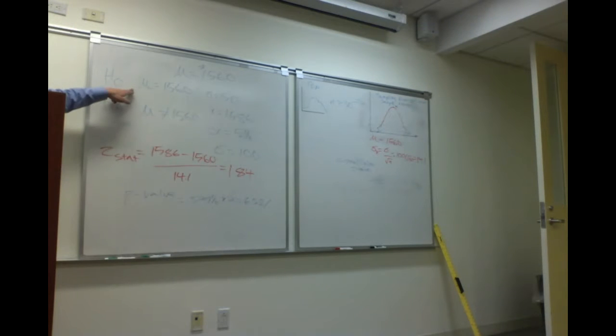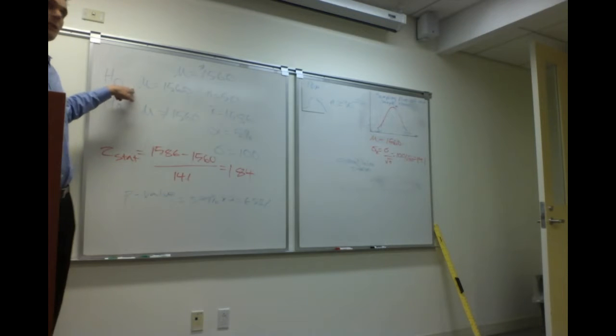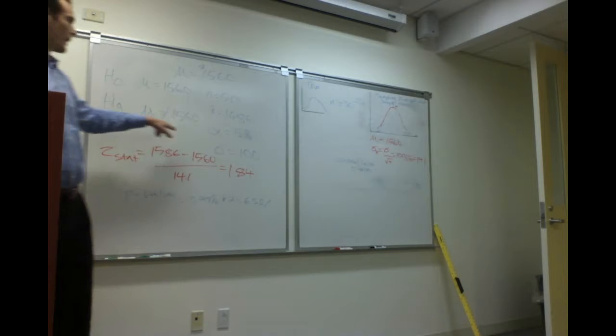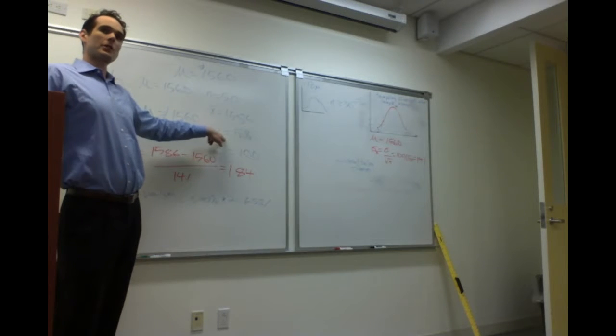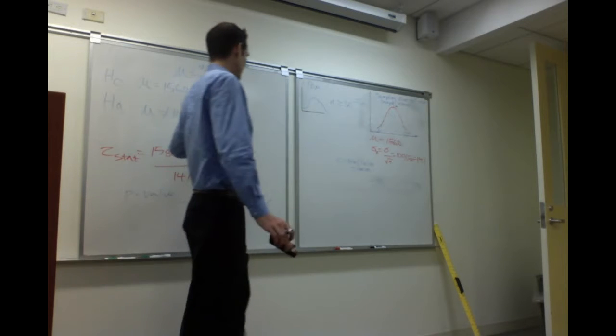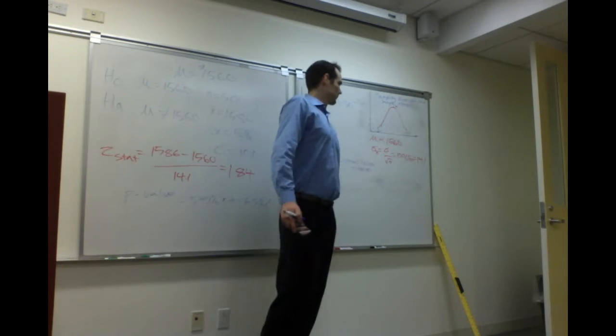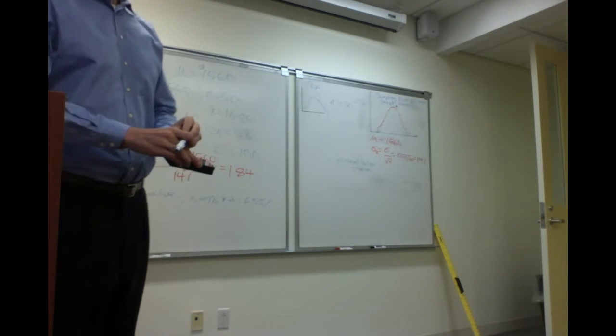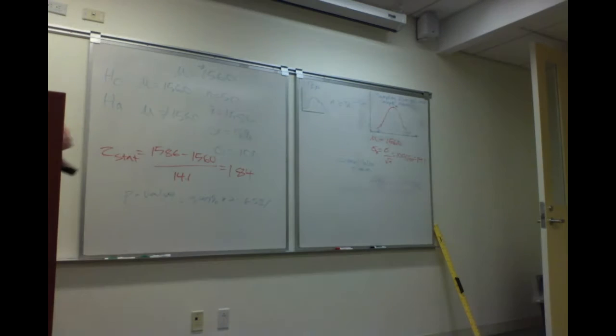We said we're going to assume what you say, Ms. or Mr. Realtor, is true unless we find overwhelming evidence to the contrary. And we define overwhelming by less than 5% chance of that happening. And in this case, we did not find it. So we failed to reject the null hypothesis.